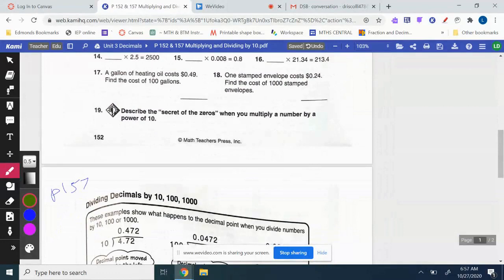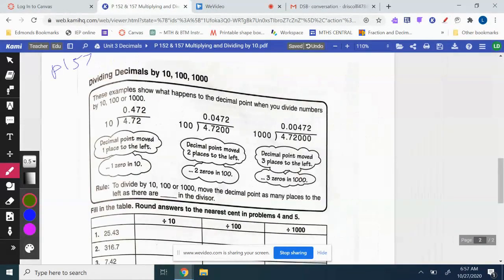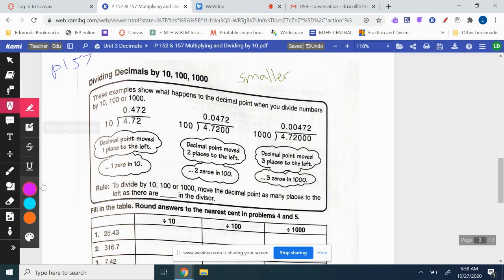Now we're going to do similar things when we're dividing by powers of 10. Now we're moving it to the left, so we're making the numbers smaller. And that's important to notice, that our numbers become smaller as we do these examples. So I have 1 zero, and I move my decimal place over.